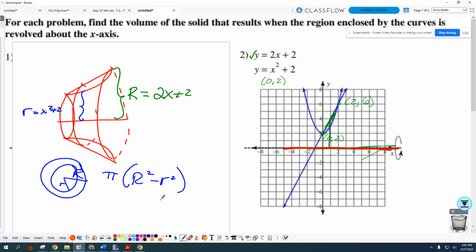And to find the volume of it, we need to make things move along. Dx. For what x values did we find? 0 to 2.